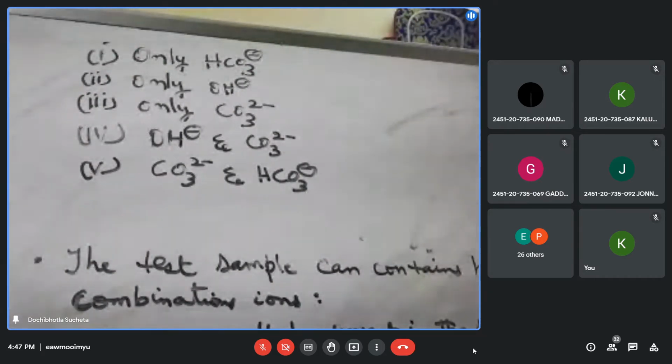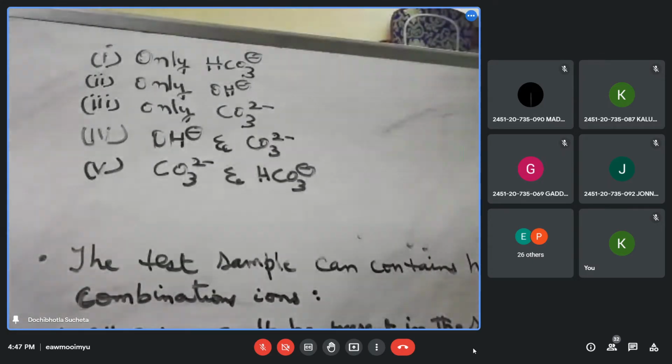And one more point I know is that in this titration, for a single titration, I'll use two indicators simultaneously, one after the other. One is methyl orange, the other one is phenolphthalein.